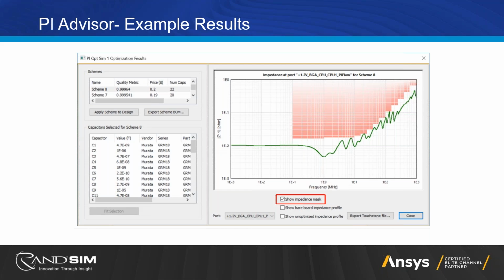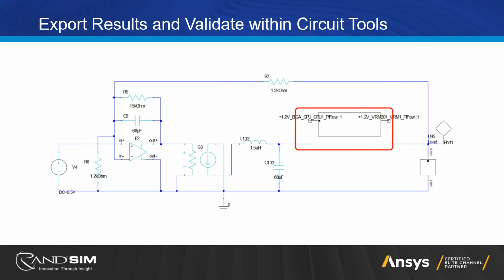The nice thing about this is you can take these results and you can bring it now into a circuit tool, and you can simulate, and you can do not only checking from a frequency domain to see how well the results align, but also from a transient domain, you can simulate to see how good the performance or the ripple is of your signal, of your voltage. So in this case, I've done exactly that.